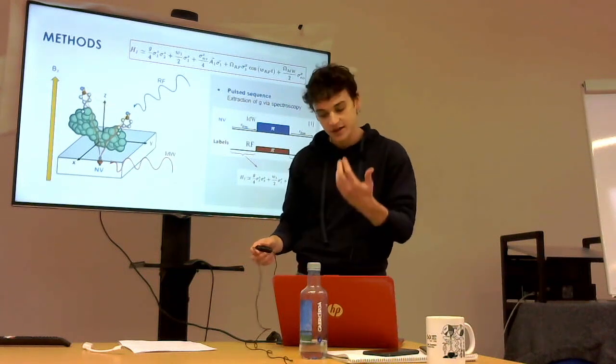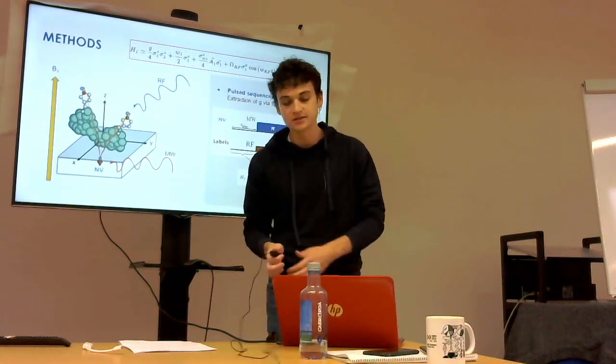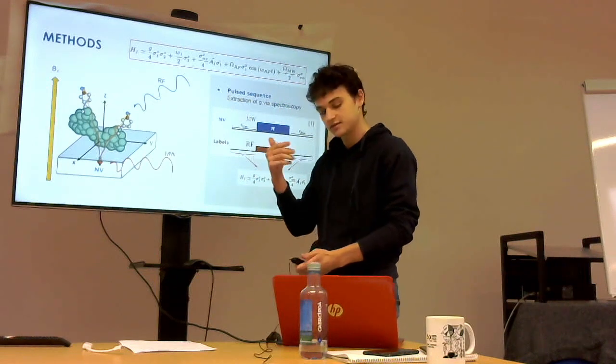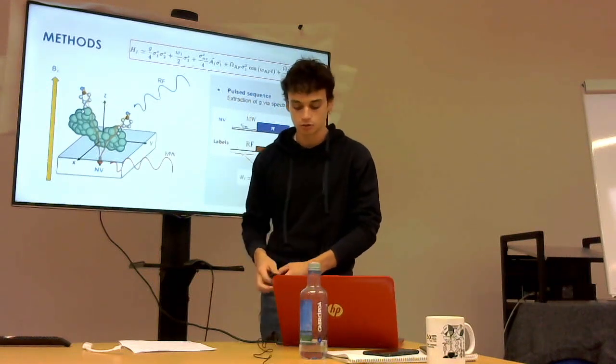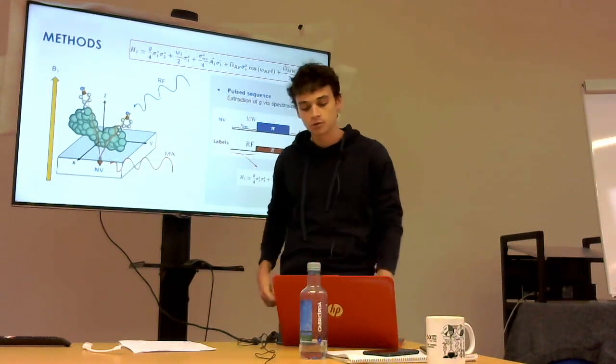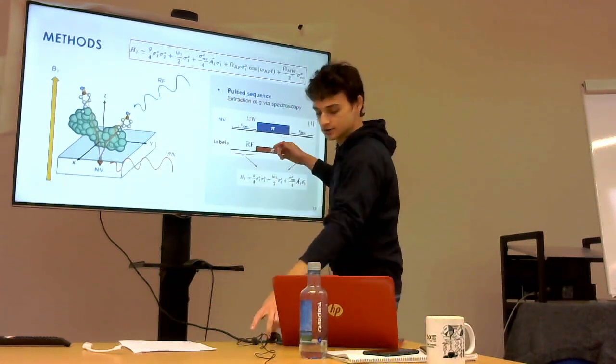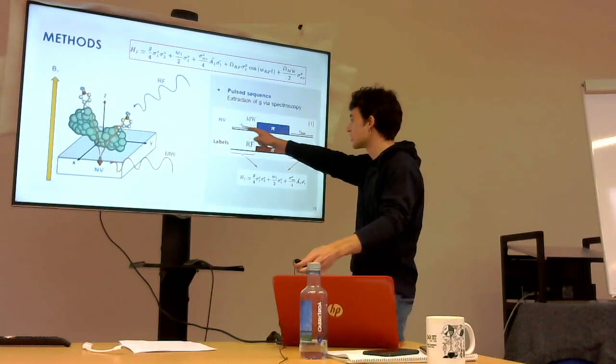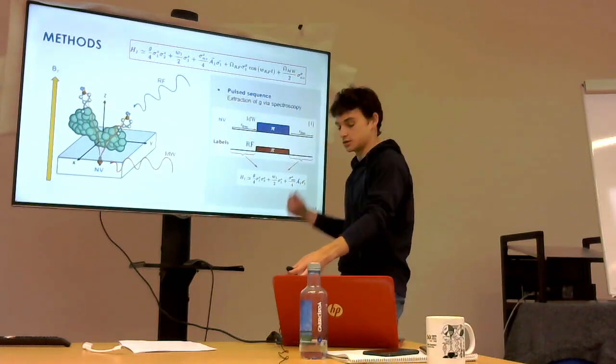And in the end, when we measure the NV, this accumulated phase will translate into the contrast that we will get in our measurement. So we are interested in having the longest free evolution time possible.